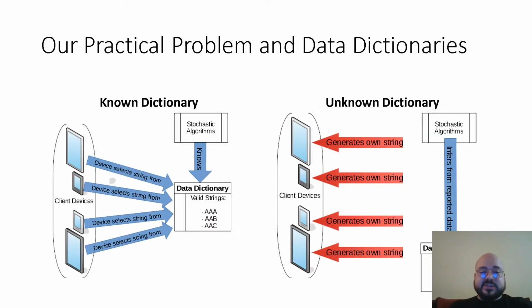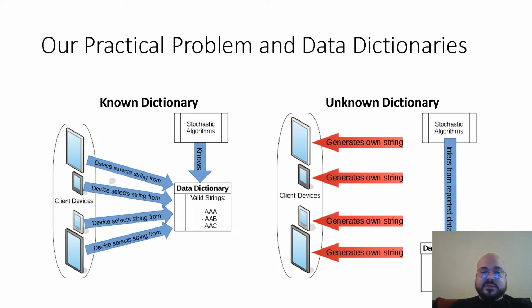Here we illustrate those scenarios. Under a known dictionary scenario, all the devices select strings from a data dictionary containing a list of valid strings. This list is known to our server and used by our stochastic algorithms that will analyze the data.